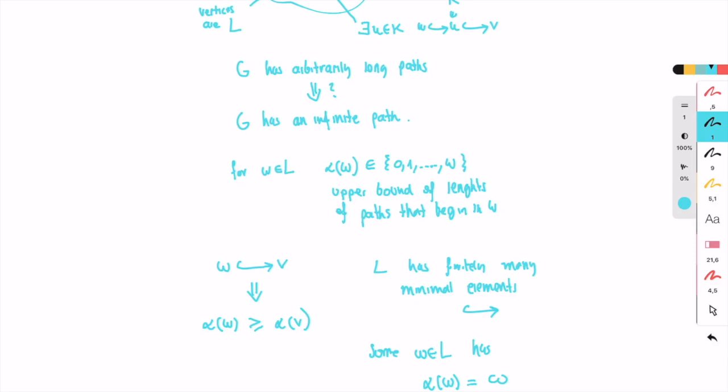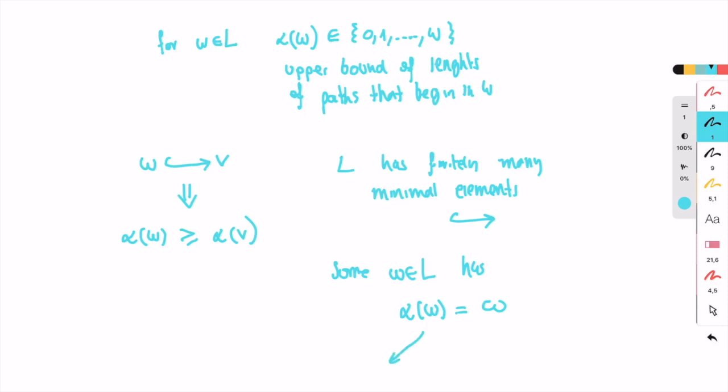But now if you take this word with infinite potential, and then you look at its successors, so vertices which can be accessed via one edge in the graph, and then you look at the minimal successors with respect to the Higman ordering, then one of these must have potential omega as well, because these are the guys who have maximal potential among vertices reachable from W. So this guy will also have potential omega.